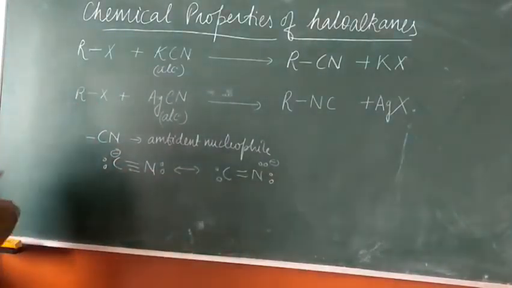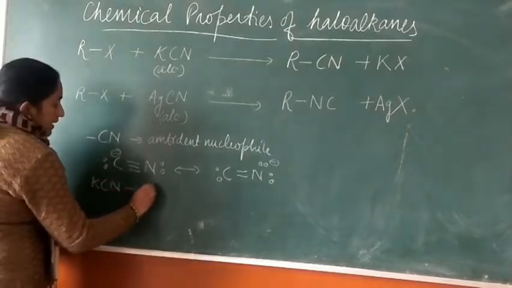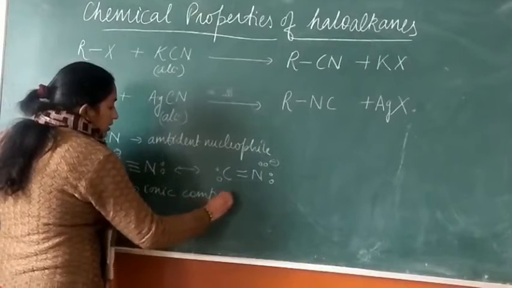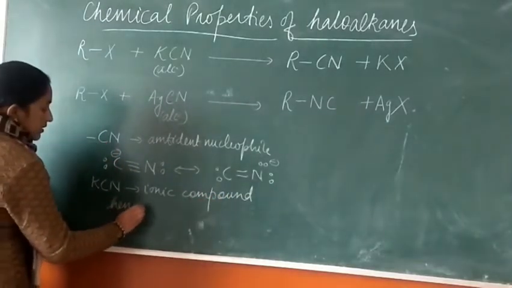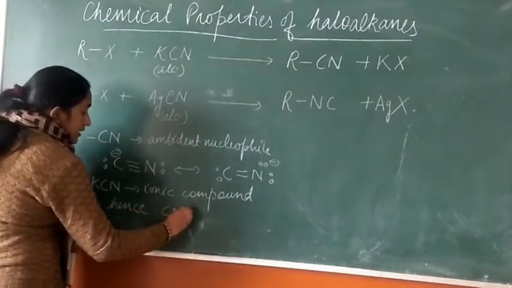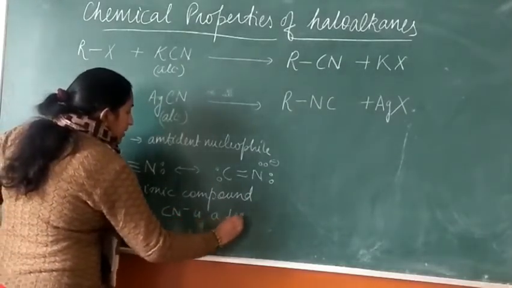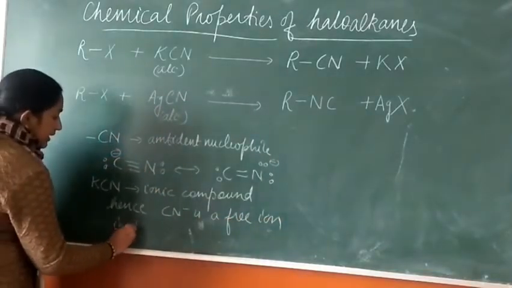Now the second thing is that KCN, students, is an ionic compound. Hence CN is a free ion in the medium.